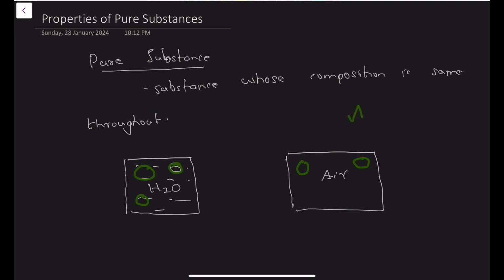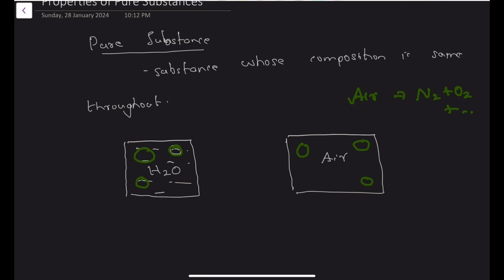Air is composed of nitrogen, oxygen and other gases. It is a combination of different gases, but if you take any region, the proportion of nitrogen, oxygen and other gases remains the same. So the chemical composition remains the same. Air can be assumed to be a pure substance at normal atmospheric pressure and temperature.